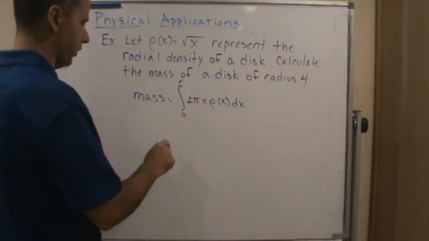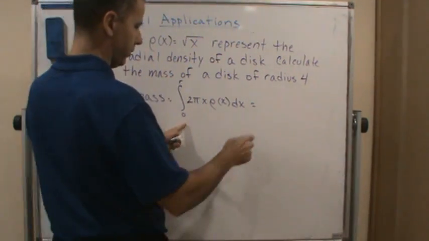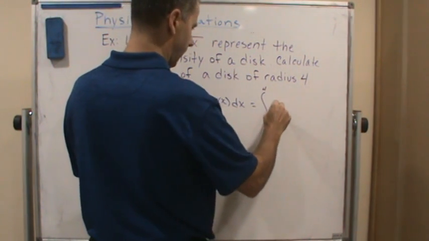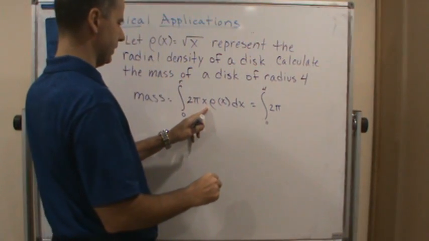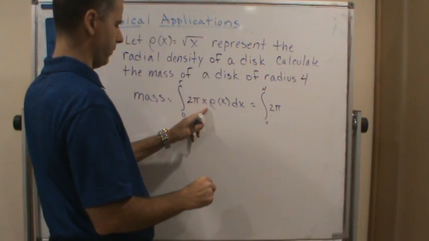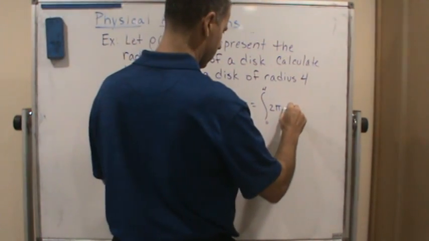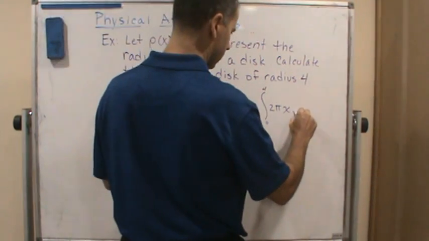And so now all we're going to do is put in what we know. So this is going to go from 0 to 4, and it's going to be 2 pi and x, right? And then rho of x is square root of x.